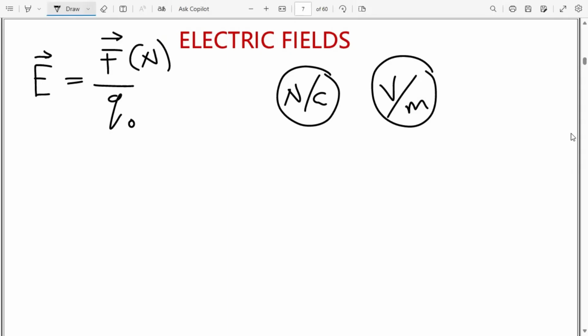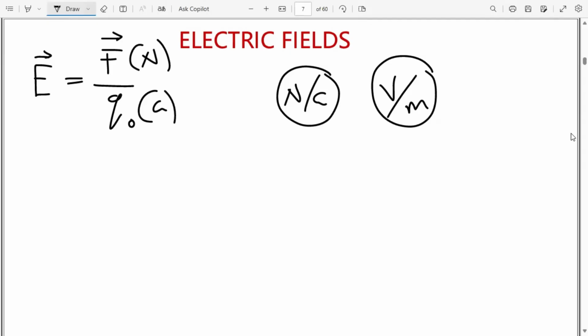But the charge we're using here is a test charge. It's imaginary, and it doesn't change the field, so we can just call it a test charge, in coulombs.